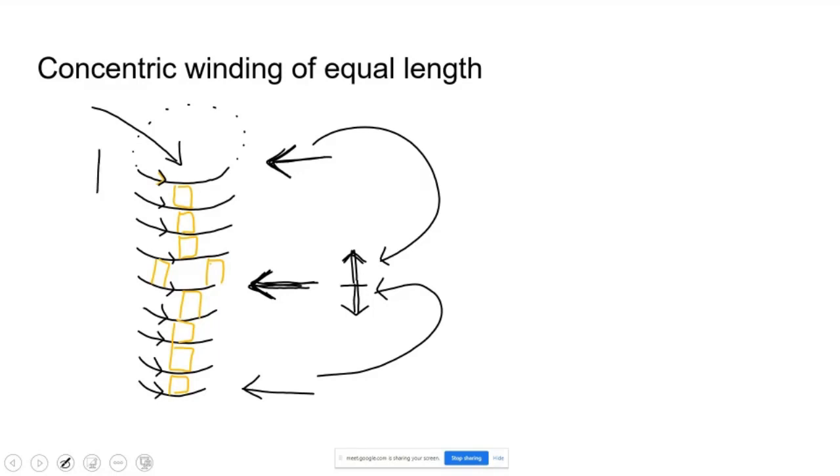All other turns will pull it down, and the net force adds up, and it is highest actually. So the force on the extreme turns, this turn and this bottom turn, these two extreme turns will experience the highest force. And the middle turns will have the least electromagnetic force, and the exactly middle turn may have 0 electromagnetic force.